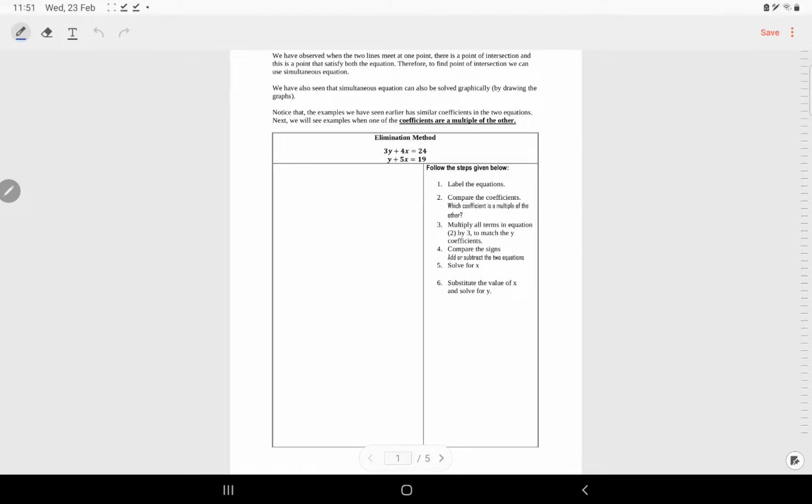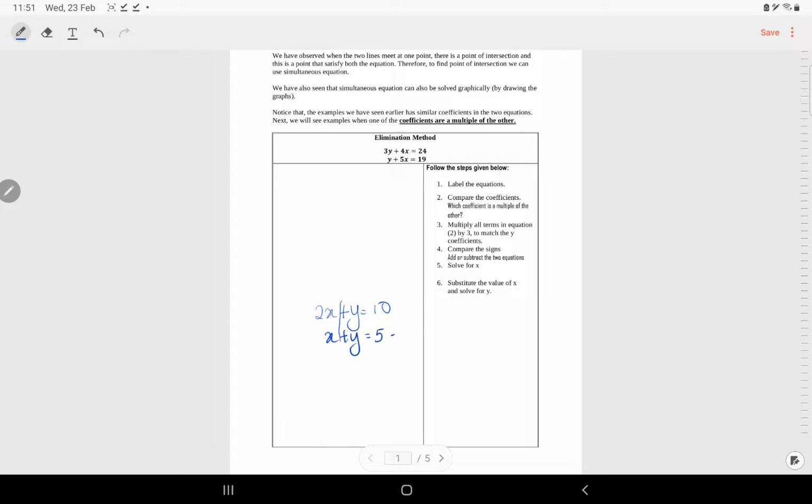In our previous video as well, we saw how to solve simultaneous equations when we had similar coefficients. For example, 2x plus y equals 10, and then let's say you have x plus y equals 5.